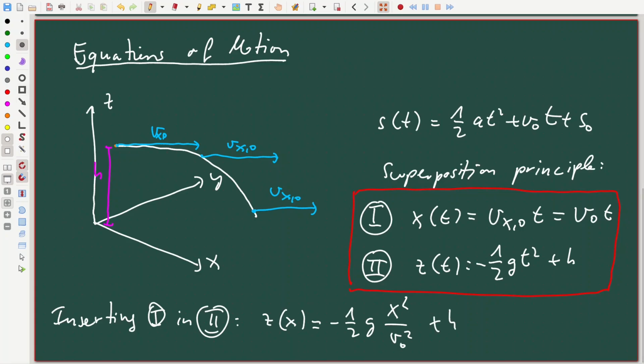And this is also a very important formula. Now this describes our z component as a function of our x value. And we can see we have a quadratic dependency between z and x. So this exactly results in a parabolic shape. So we have half of a parabola here in this case.